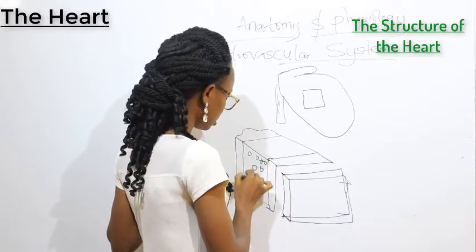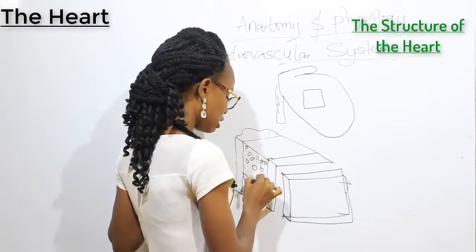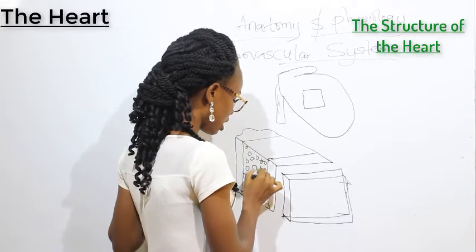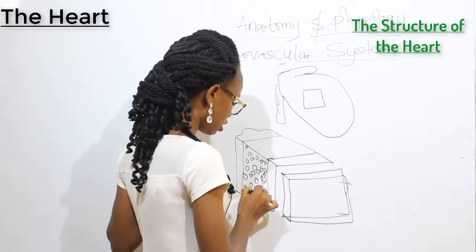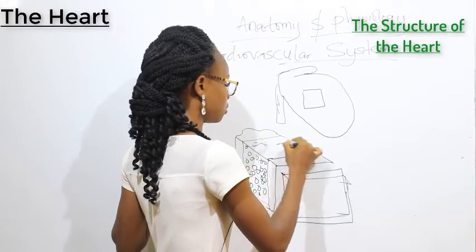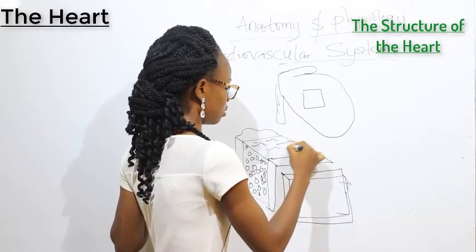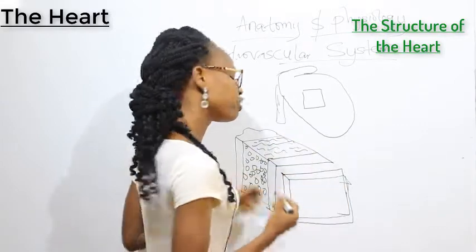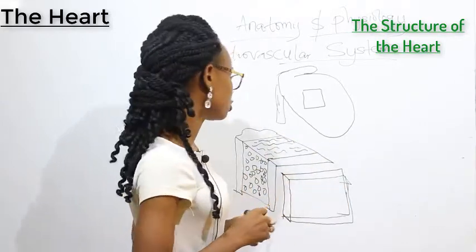So friends, I said talking about the exterior parts of the heart, that's the wall of the heart. You have your pericardium, your myocardium, and your endocardium.